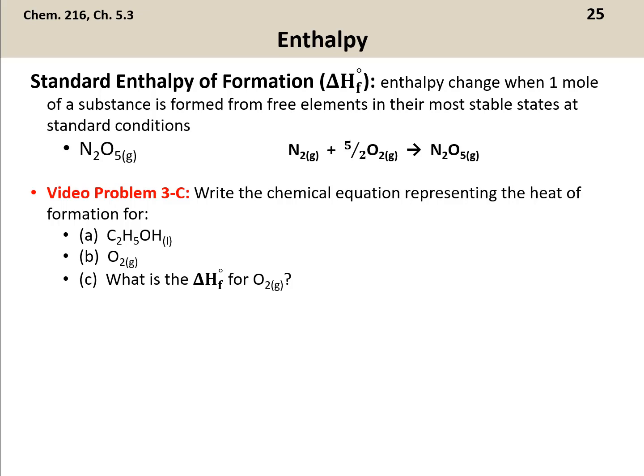The delta HF for O2 is 0. Why is it 0? Because if I make O2 from something, I'm just going to make it from O2. So I'm making O2 from O2. That's not a reaction. So my delta H is going to be 0. We'll explain that more in the video.